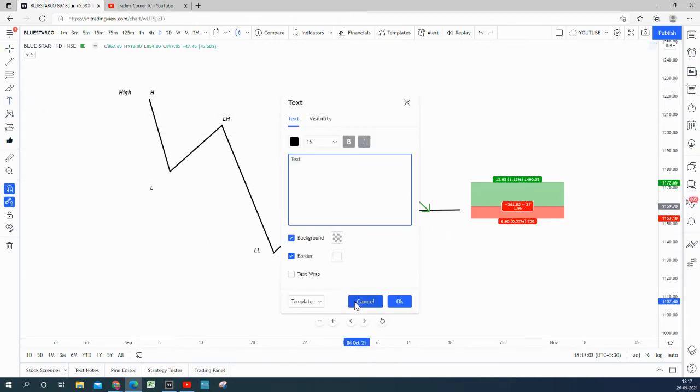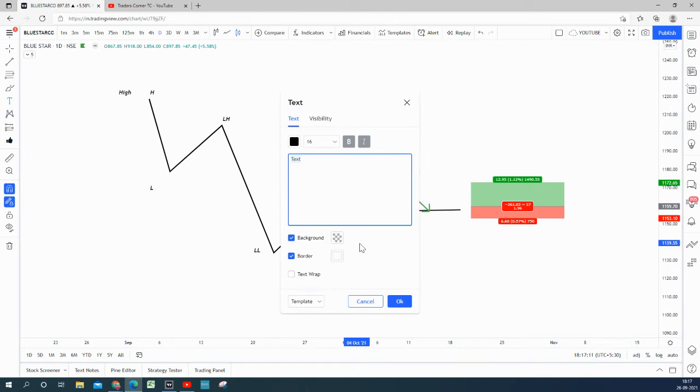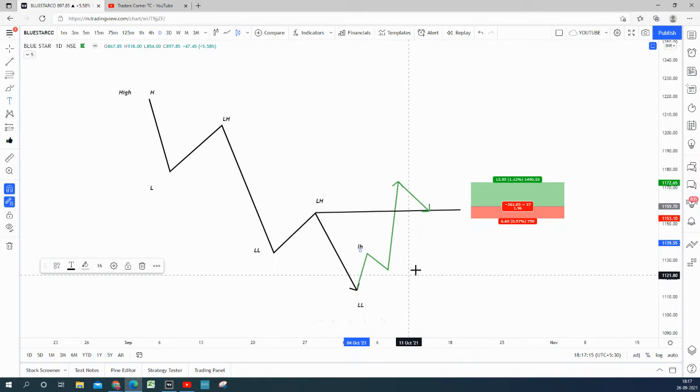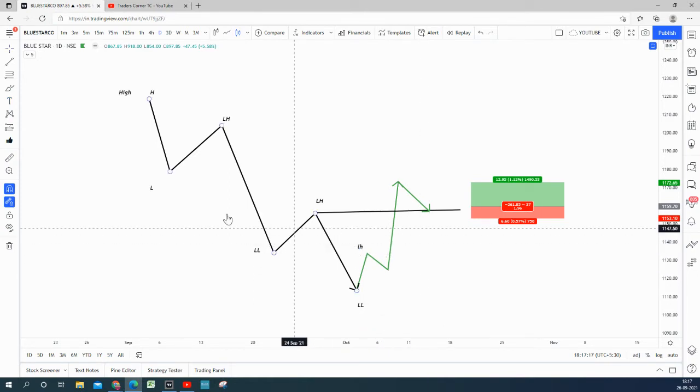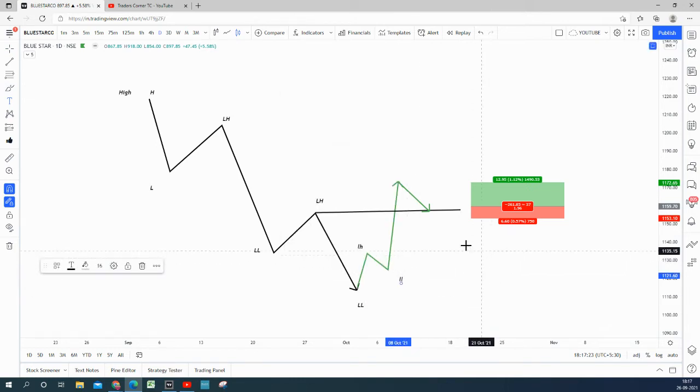As I said, this is the lower low, and this is the lower time frame lower high, this is the lower low.